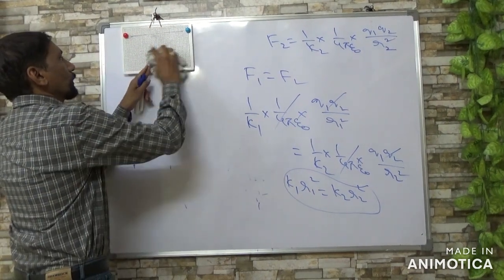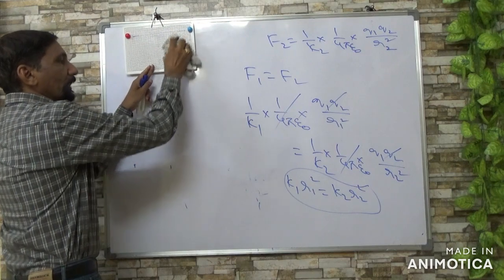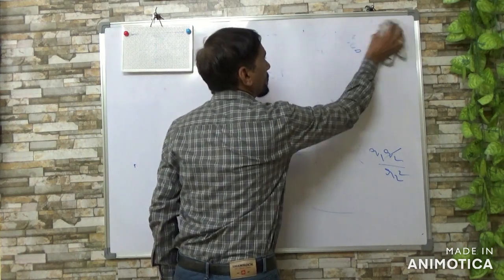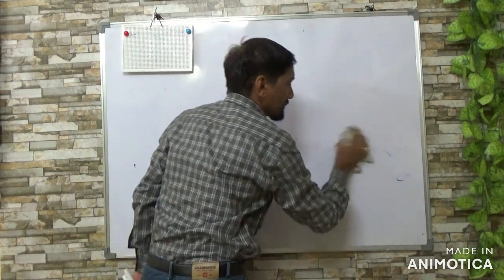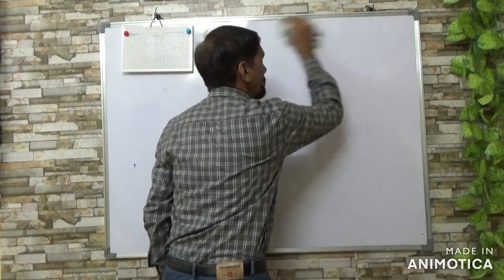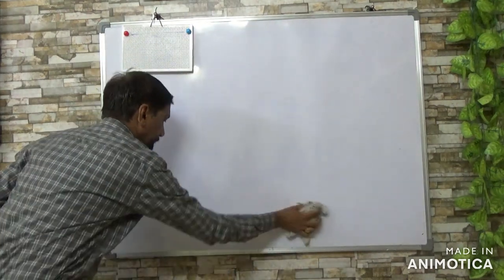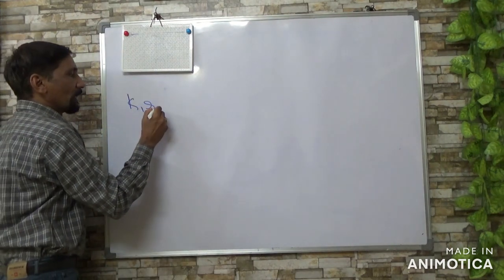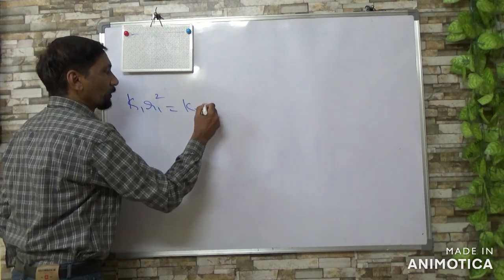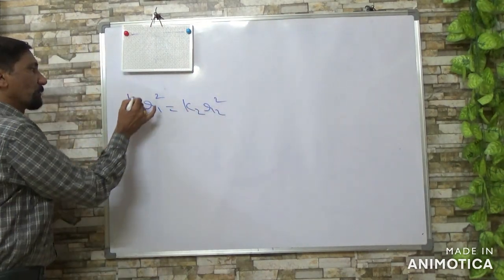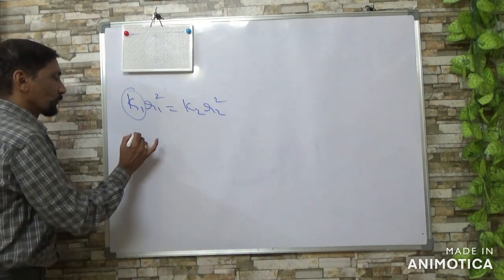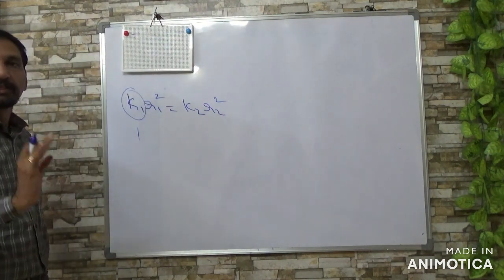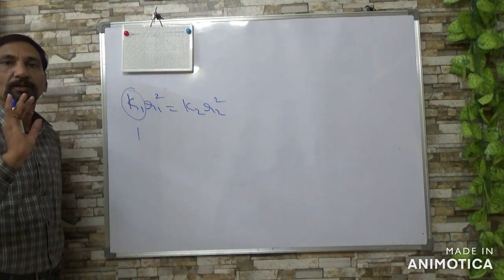Now, let us assume the 2 point charges are in the beginning in air, next in some other medium. So k1 r1 square equals k2 r2 square. In the beginning they are in air, so the dielectric constant value is taken as 1. Remember, whenever 2 point charges are held in air, the K value is taken as 1.